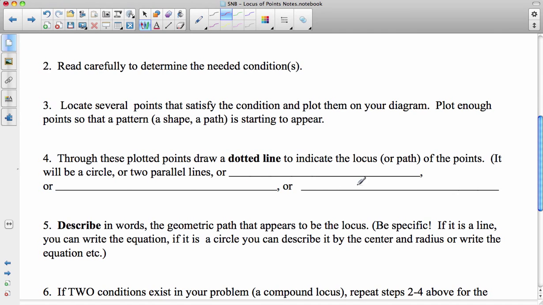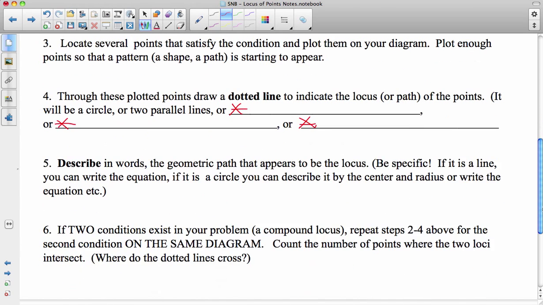And if you noticed on our description of the theorems there, 1 through 5, it's either going to be a circle, or it's going to be 2 parallel lines, or it's going to be, and right now I want you to look back on that other page and fill in the other 3 possibilities that it could be. So really there's only 5 things, the basic locus of points you are responsible for. It's either going to be one of those 5 things or a combination of those.